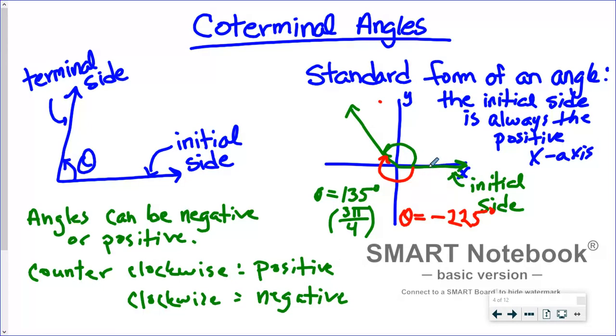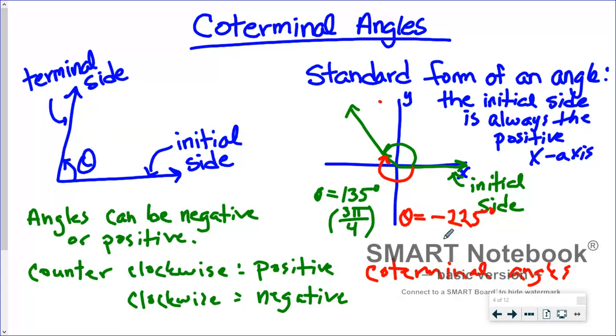Since we have the same initial side, of course it's standard, and the same terminal side, these are called coterminal angles. They're coterminal to each other. Every angle will have coterminal angles. It'll just be different.